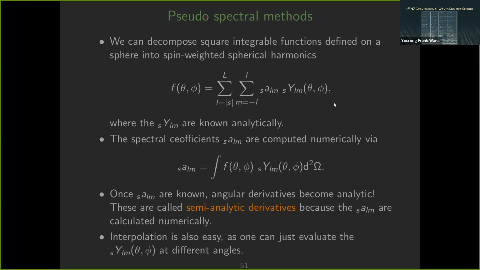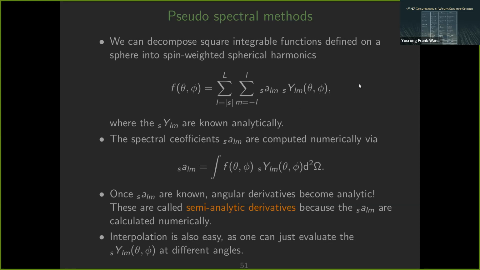So we can very easily take derivatives once we know the spectral coefficients. So this is called semi-analytic, because in order to know the coefficients, we have to do this integral, which is usually done numerically. Further, if we wanted to know f evaluated at theta or phi, no matter what value, we just plug it into the basis functions and we get our interpolation there.